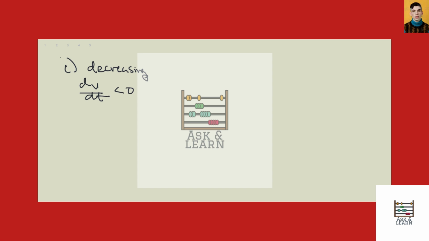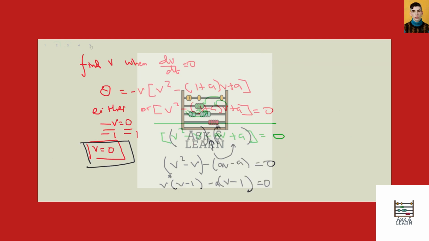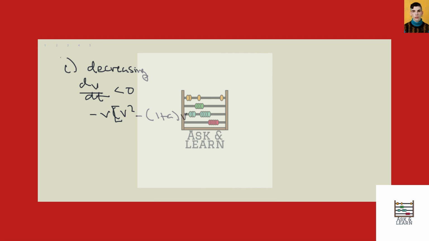We're going to write out the expression again. So negative v, v squared, this is a square bracket, to make it easier, 1 plus a. I think we had a v outside of there, so we just have to go back and verify that we have the right expression. Yes, we have v outside, so v, and then plus a.